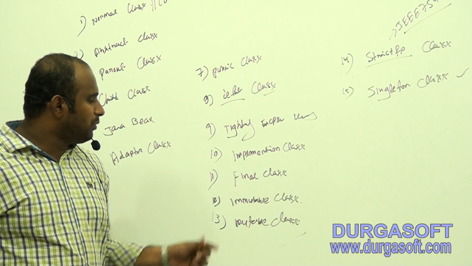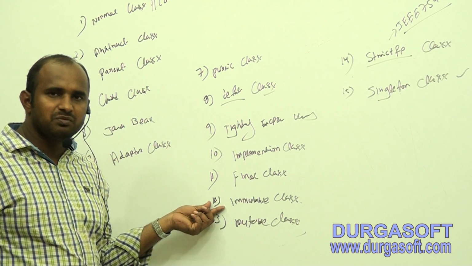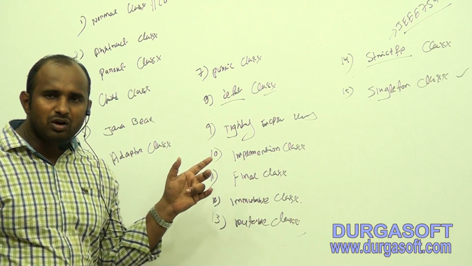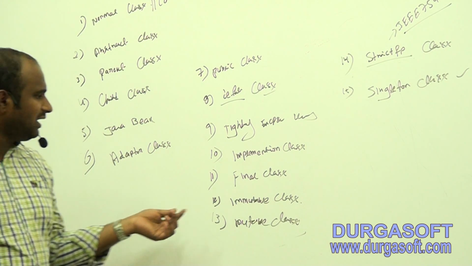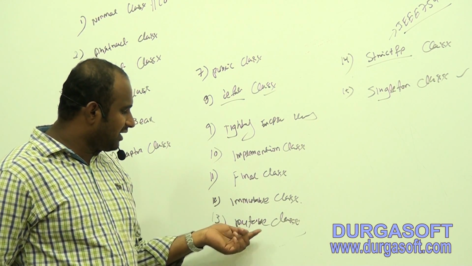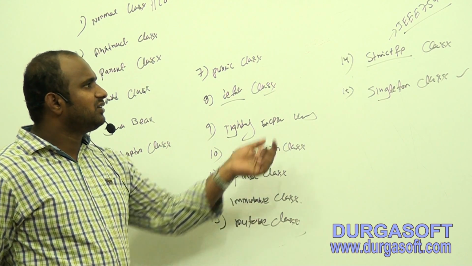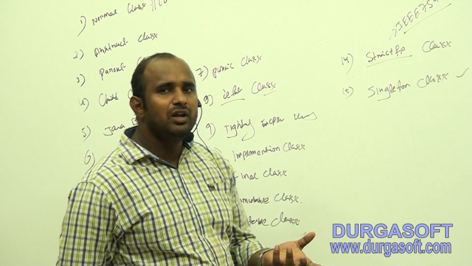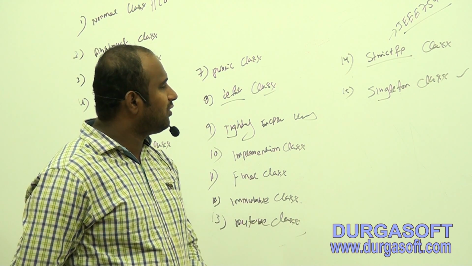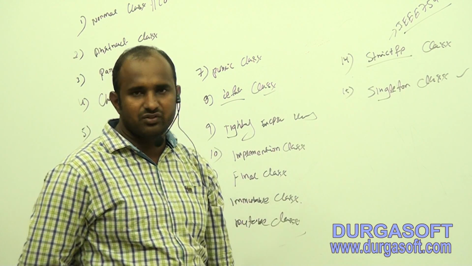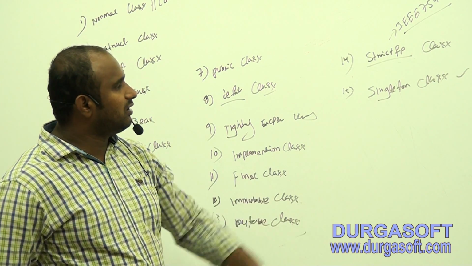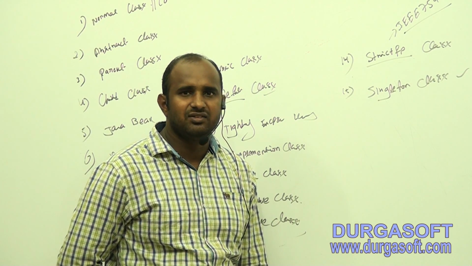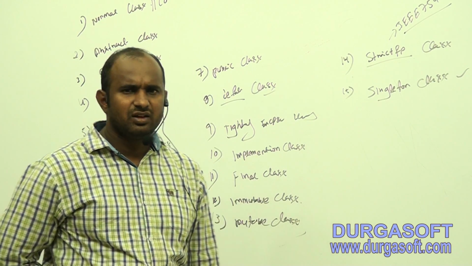Immutable classes, once you create the string object, it is not possible to perform modifications on the existing object. If modifications are not allowed, that class is said to be immutable. If modifications are allowed, it is said to be mutable. strictfp class, the floating point calculations follow a standard. What is the standard here? IEEE 754 standard. 15, singleton class. The class allows creating only how many objects? One object. The class is said to be a singleton class.